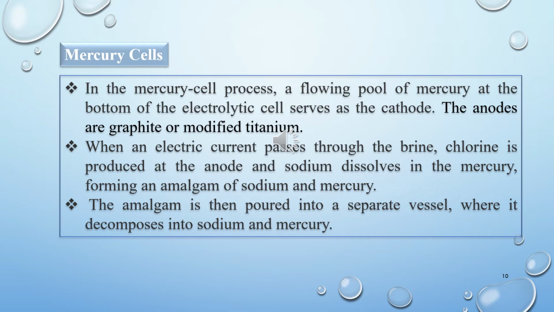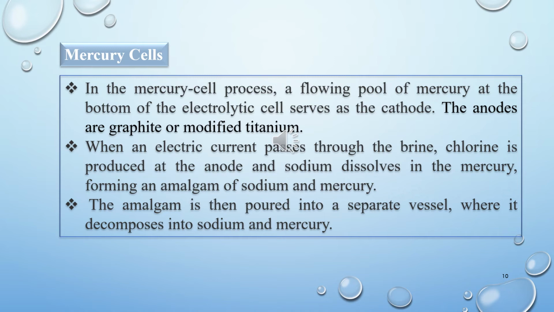Now, what will be the process in that cell and what happened to the brine when electrolysis occurred? When electric current passed, chlorine produced at the anode. Now, what will happen to the sodium? Sodium will be dissolved in mercury, which was acting as cathode, and by dissolving in mercury, it will form sodium amalgam or amalgam of sodium or mercury.